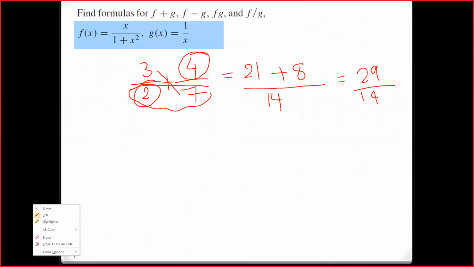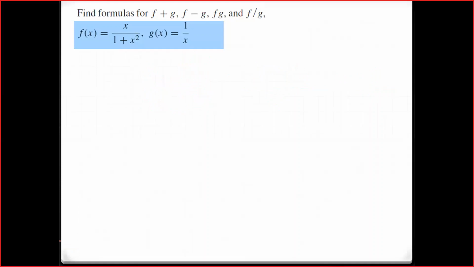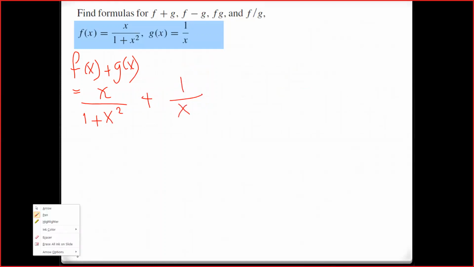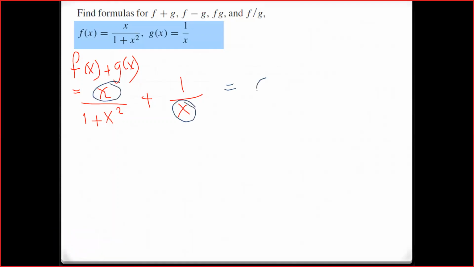What if I have now a rational expression, like x over 1 plus x squared, and I have to add it to 1 over x. Now, x times x is x squared.